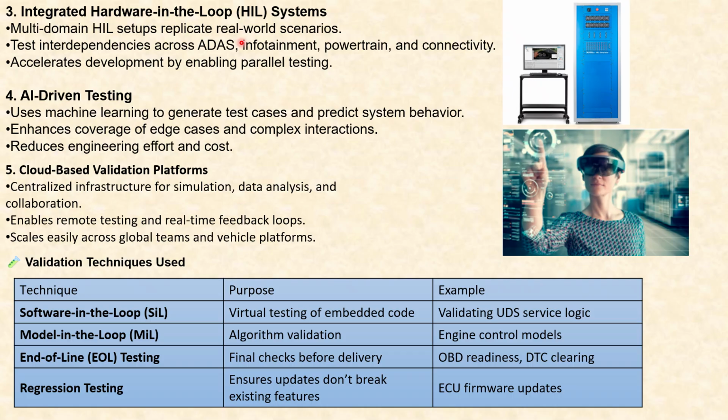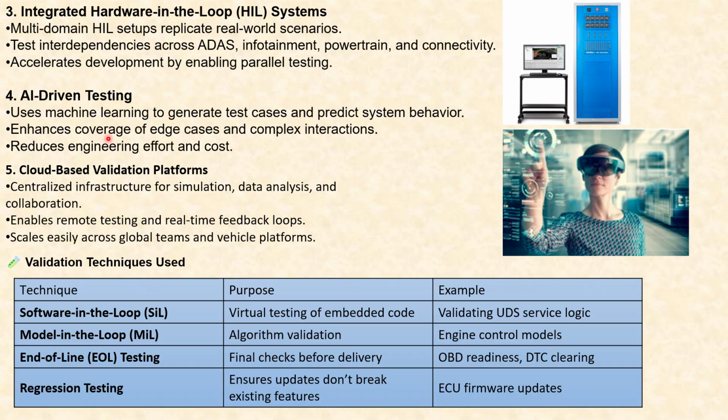Now coming back to integrated hardware-in-loop systems: multi-domain HIL setups replicate real-world scenarios and test interdependencies across ADAS, infotainment, powertrain and connectivity, and accelerate development by enabling parallel testing. Next, AI-driven testing uses machine learning to generate test cases and predict system behavior.